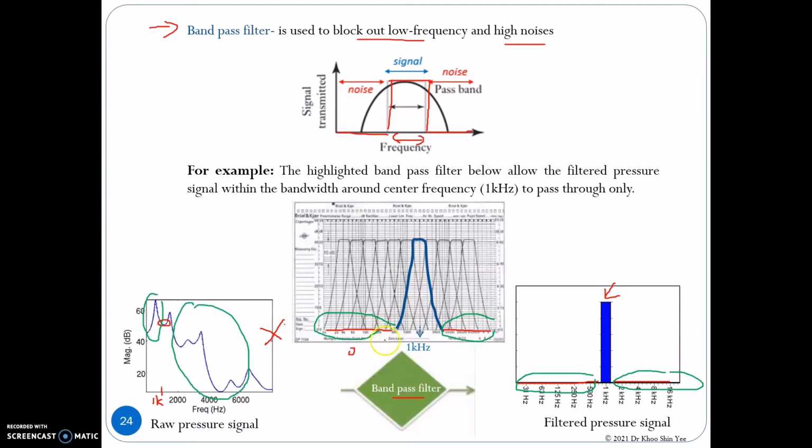In this example, we show how to use one of the bandpass filters in order to obtain the sound pressure level at a specific band.